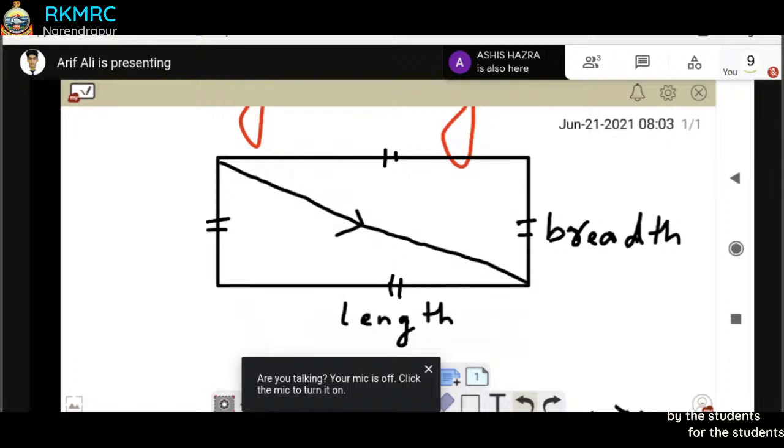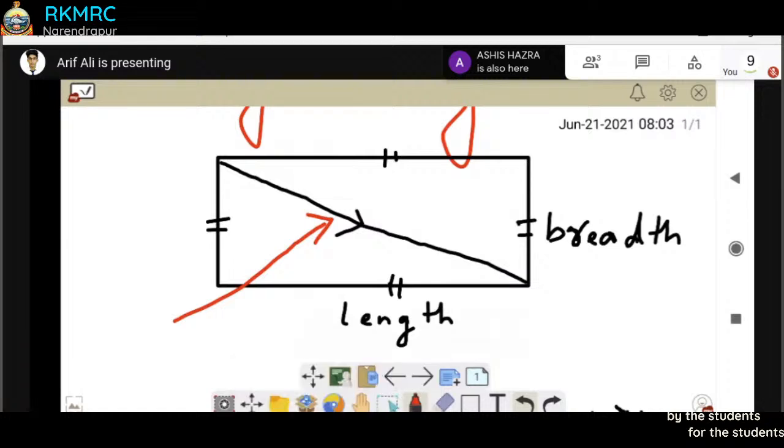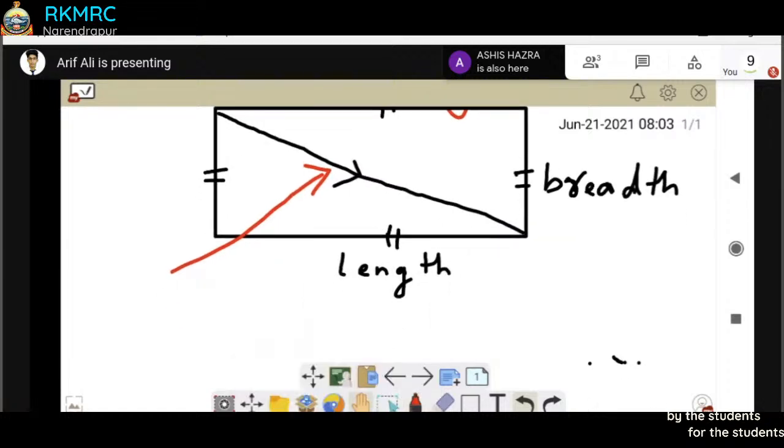We call this as diagonal. Some may not know, you can translate this in Bengali. This line is your diagonal.